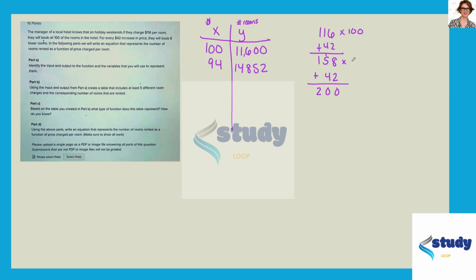So that one is going to be multiplied by 94, and then this one is going to be multiplied by 88. So 88 rooms. So 88 times 200 is 17,600.